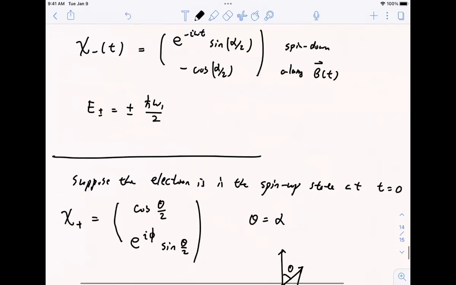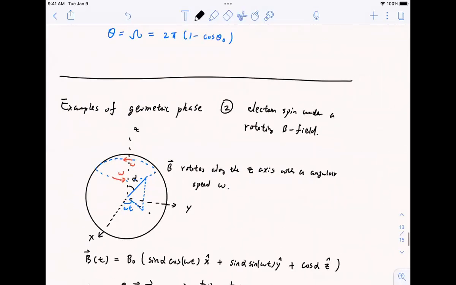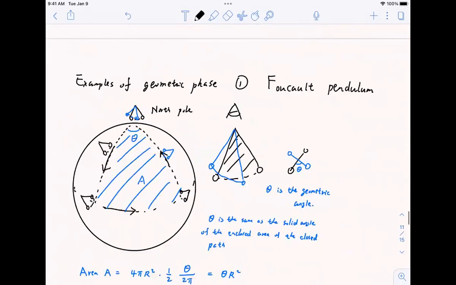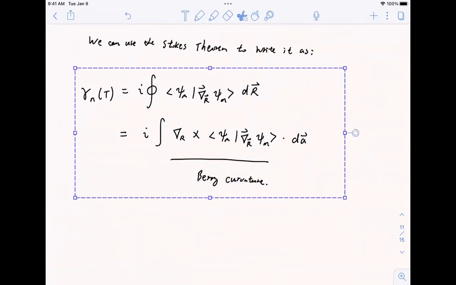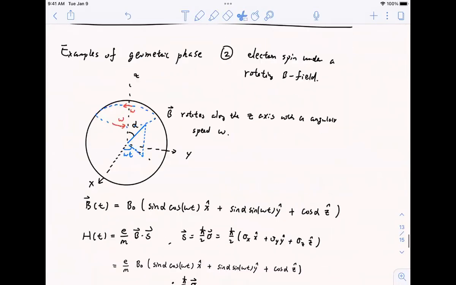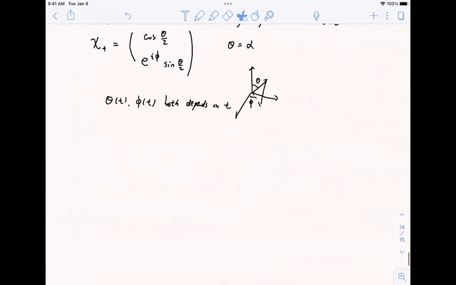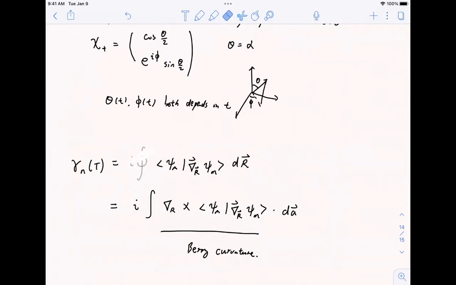Now we're going to apply the formula. Let me get the formula. Where's the formula? Oh, here. This is the formula that we're going to use. I think I only need this part.